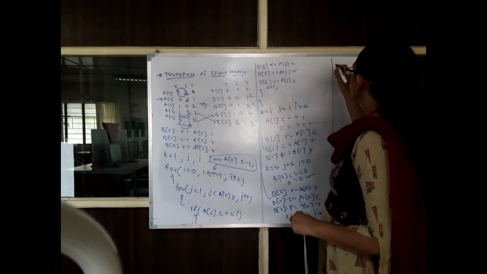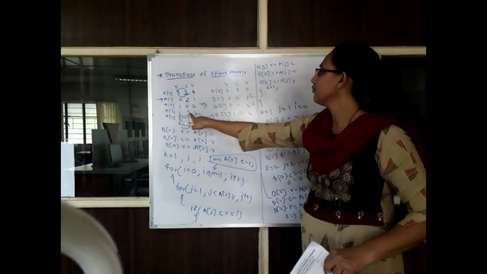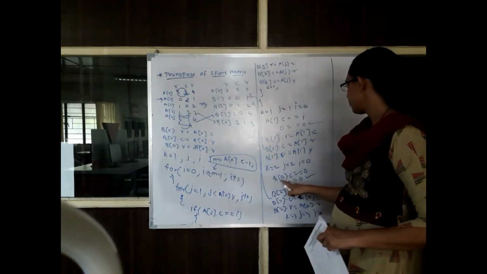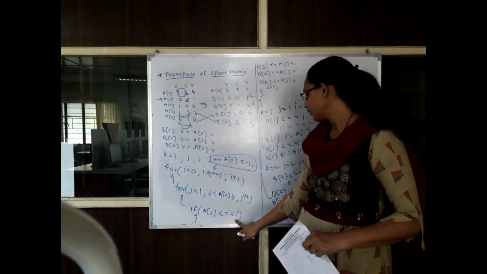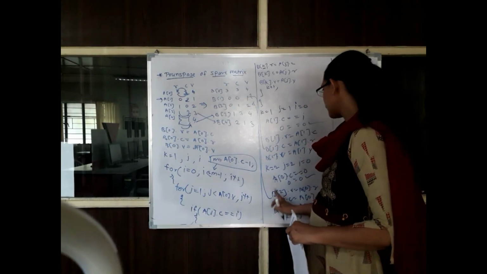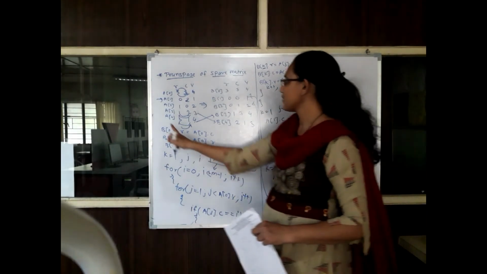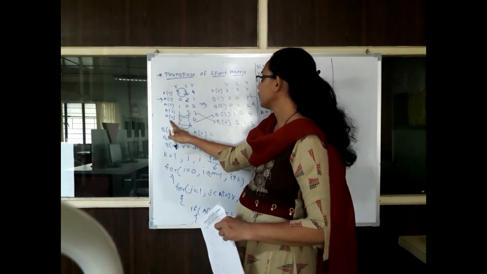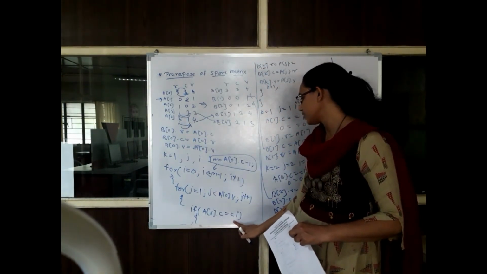Now K is equal to 3, J is equal to 3, means this one. So here the column value is 2, which is not matched with this condition. 2 is equal to 0, no match. So it will not execute this statement. It will increment J. So next is the fourth row, whose column value is 1, which is also not matched with the I value, that is 0.